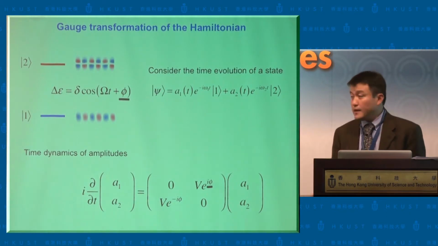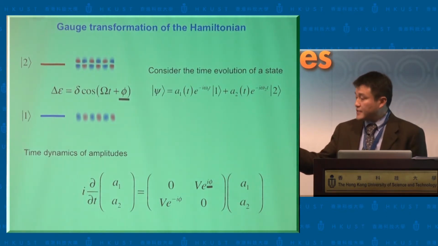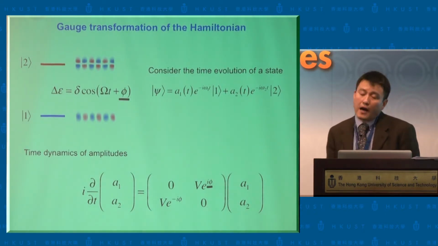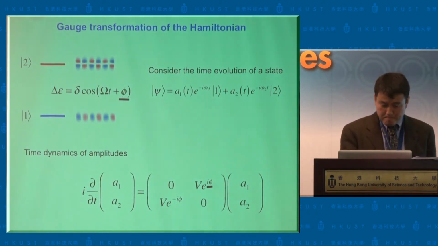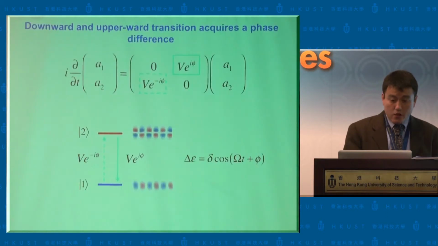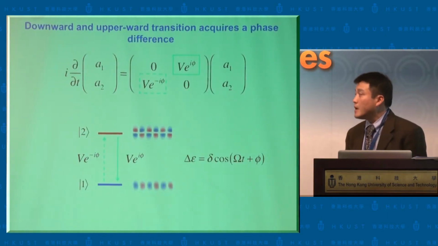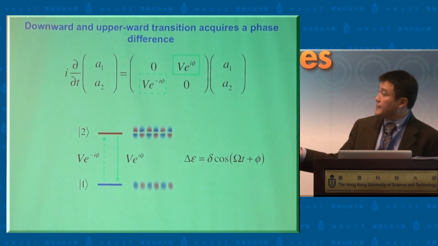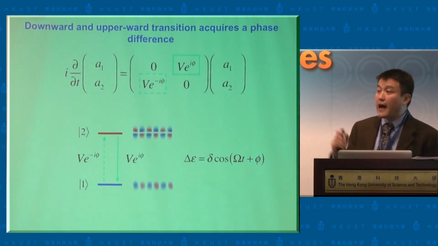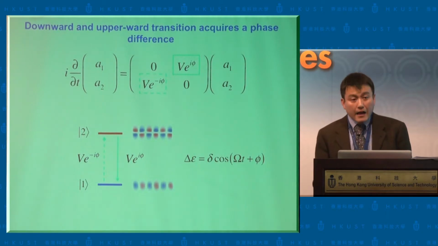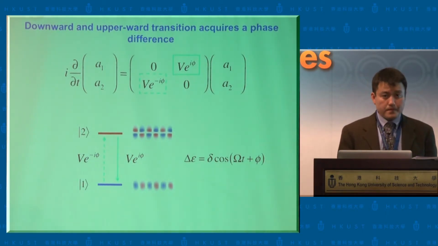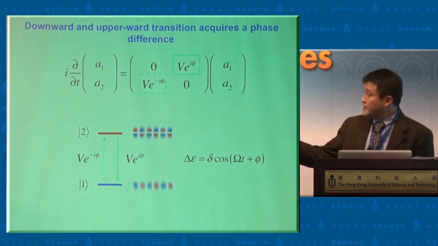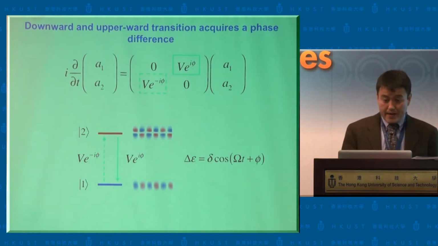And what you see is that the modulation phase here actually showed up in the phase of the coupling constant between these two states. And that's precisely how a gauge potential will show up. More specifically, what you come to see is that the upward transition and the downward transition now actually acquire different phase. Now, again, this being a gauge degree of freedom, this can be simply gauged away.